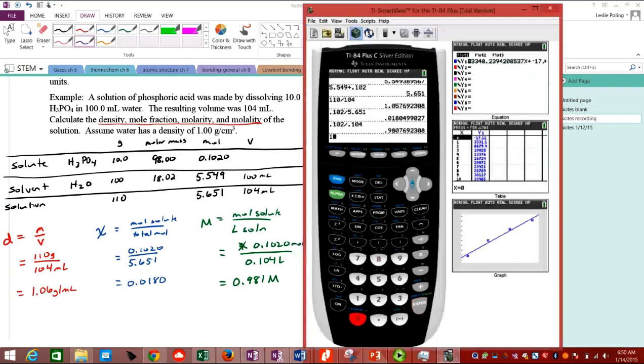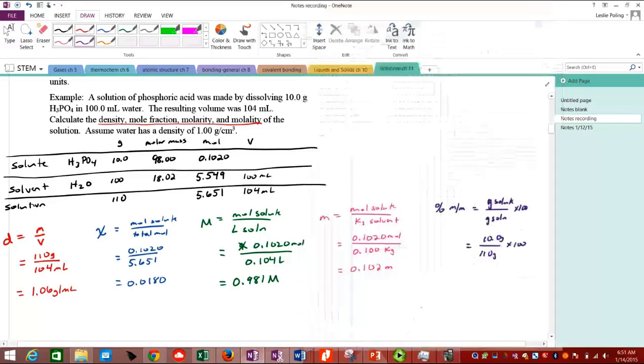So we have 10 divided by 110 times 100. So we have 9.09%.